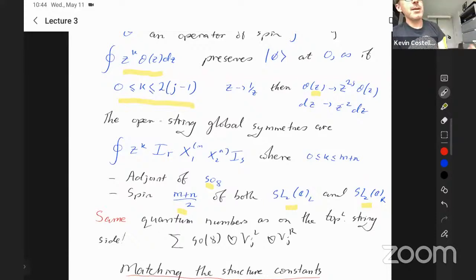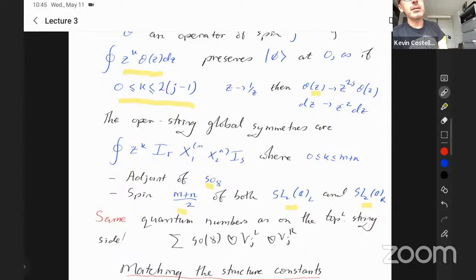So what have we seen so far? On the topological string side, we looked at the analog of isometries. We found this big algebra, maps from SL2C to SO8. And on the CFT side, we looked at those modes which preserve the vacuum at 0 and infinity, and we found something which looks the same, at least something that has the same quantum numbers.